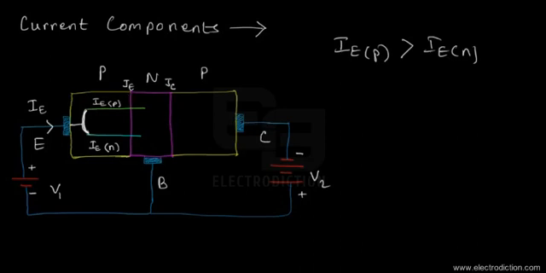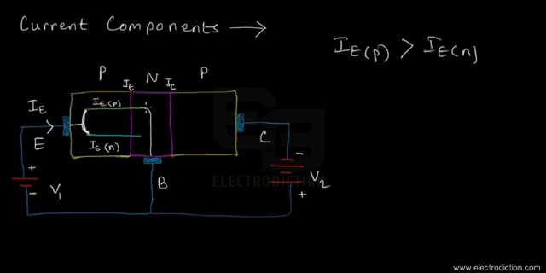So now after the current components enter into the base, that's the hole current component I'm talking about, a fraction of it would recombine with the available electrons out here and go away as a part, and that part would be referred to as the recombination current.